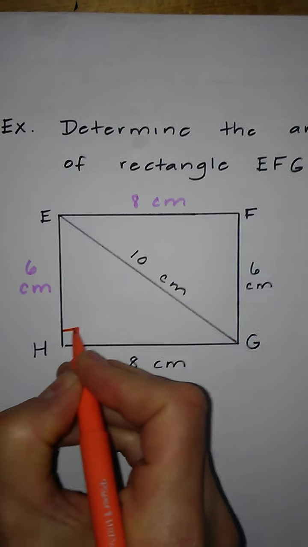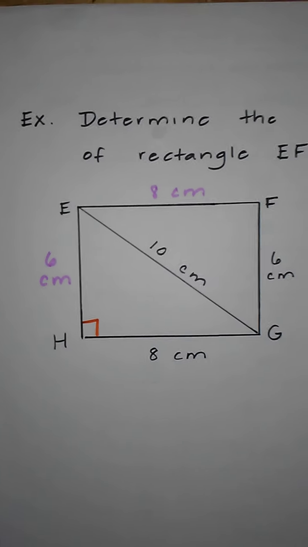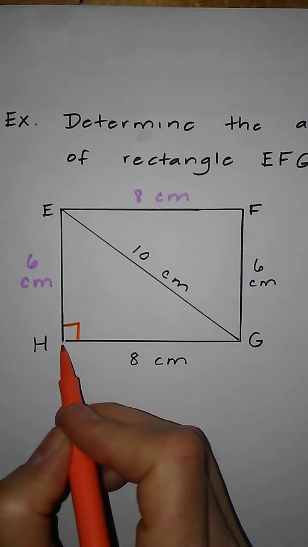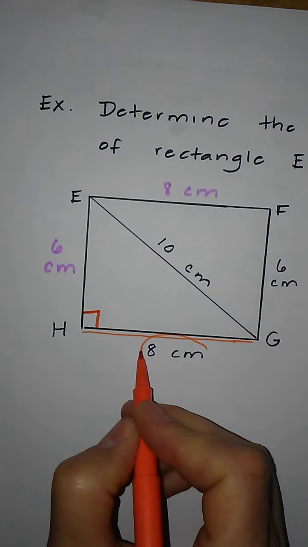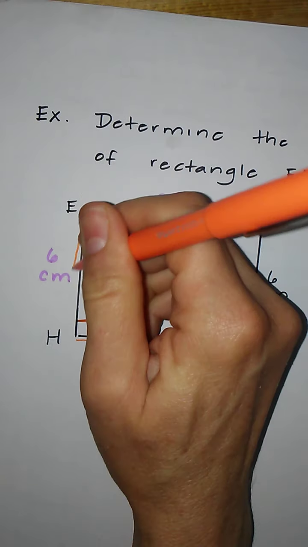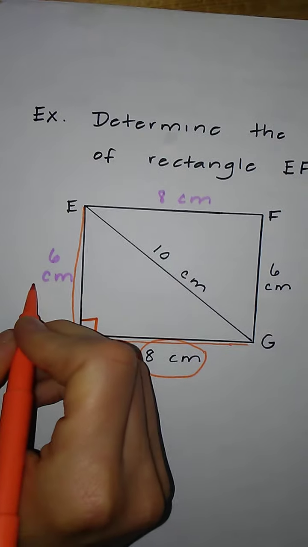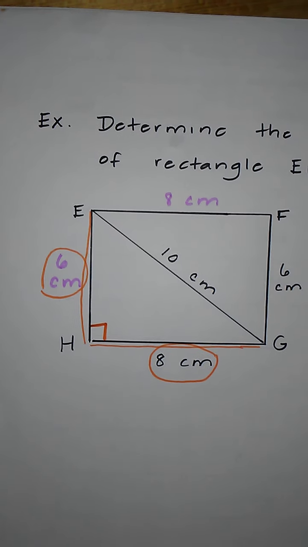The sides of a rectangle form 90-degree angles, so we are able to use 8 and 6 as a base and height.